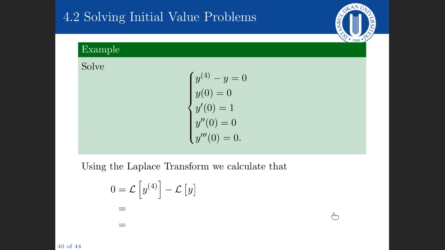We use the Laplace transform. We take the differential equation and we take the Laplace transform of everything. The Laplace transform of 0 is, of course, 0, and this is equal to the Laplace transform of the fourth derivative of y minus the Laplace transform of y.